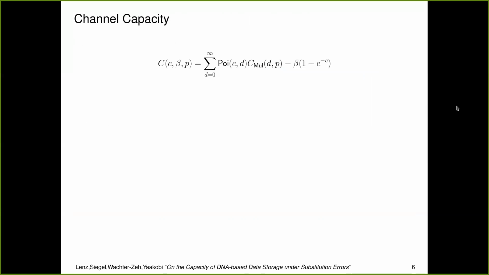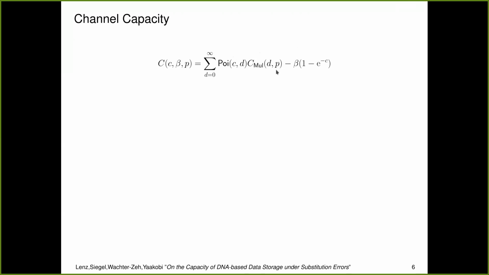What we did in this work is compute the capacity of this channel, and it looks as follows. We have a weighted summation, weighted with a Poisson distribution with parameter C and realization D. This is weighted with a term which we call the multi-draw capacity, which is the capacity of a channel which repeats the input sequence D times and then transmits it over a q-ary symmetric channel with error probability p.